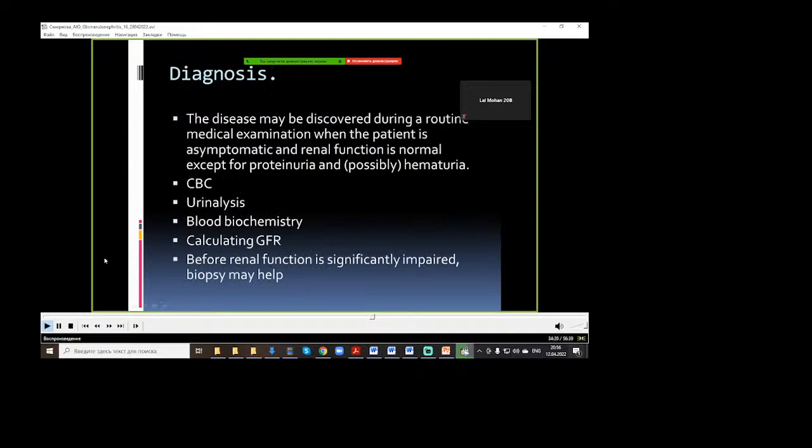The disease may be discovered during a routine medical examination when the patient is asymptomatic and renal function is normal, except for proteinuria and possibly hematuria. We need a complete blood count for detection of anemia, of course urinalysis, blood biochemistry, calculating of glomerular filtration rate, and before renal function is significantly impaired, biopsy may help.